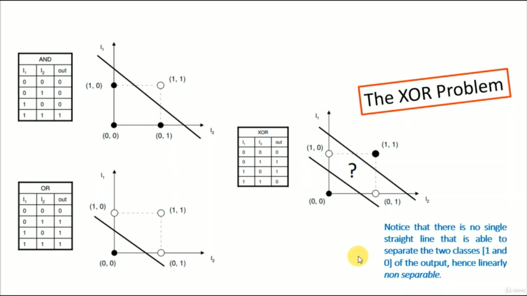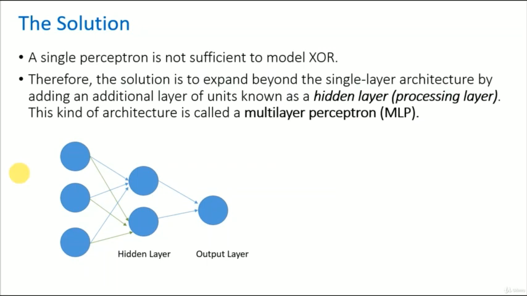And this is where the multi-layer perceptron comes in handy. When we're not able to separate the classes by a straight line, we cannot use a single perceptron. We're going to have to use a multi-layer perceptron. A single perceptron is not sufficient to model the XOR problem.